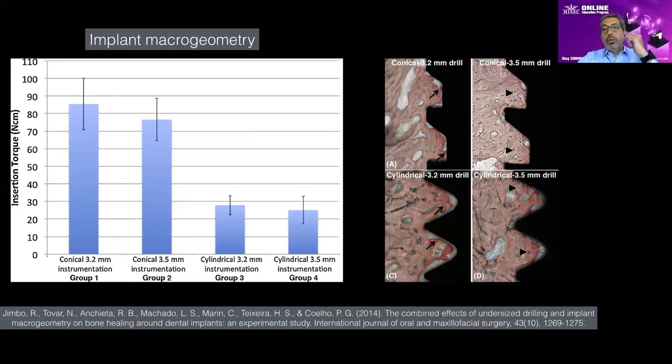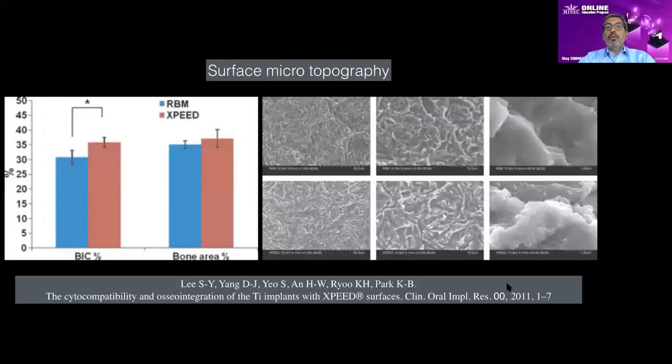It's very important also to have a very good surface microtopography, because at the end, if you remember the curve that I showed at the beginning of this lecture, the Raghavendra curve, what we need to achieve is a very fast secondary healing. And this is a study comparing the X-speed surface that you find on Megagen implants to a resorbable blast media implant, and you see that we have a better bone to implant contact.